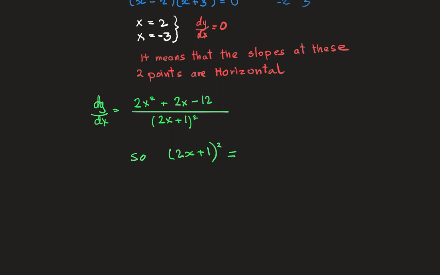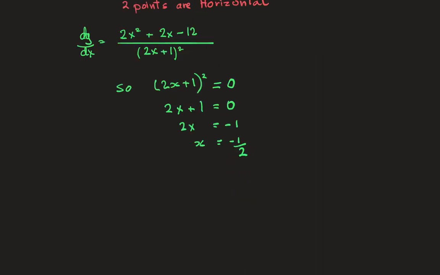If this is 0, then this whole expression will be undefined. When will it be 0? When 2x plus 1 is equal to 0. So that means 2x is equal to minus 1 and x is equal to minus a half. So at x equal to minus a half, the function is undefined.